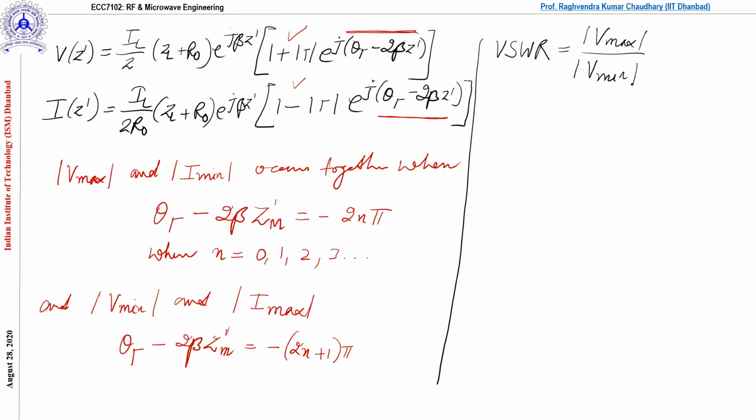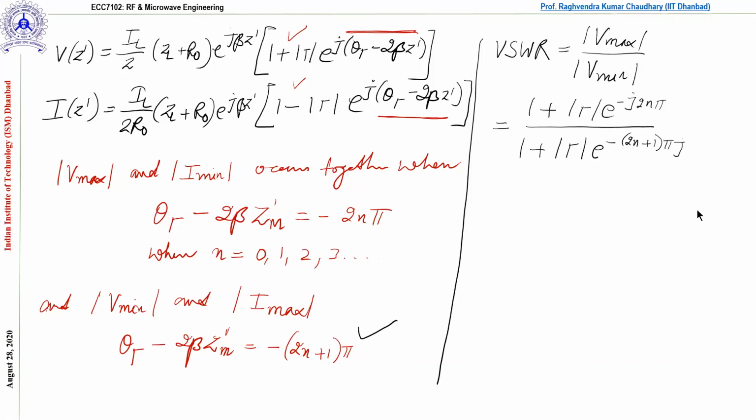Fine. Now just recall these things. For the maxima and minima, a generalized formula you may write: 1 plus mod of gamma e to the power minus j 2n pi, divided by the minima, which could be done from this relation, 1 plus mod of gamma e to the power minus (2n plus 1) pi j.